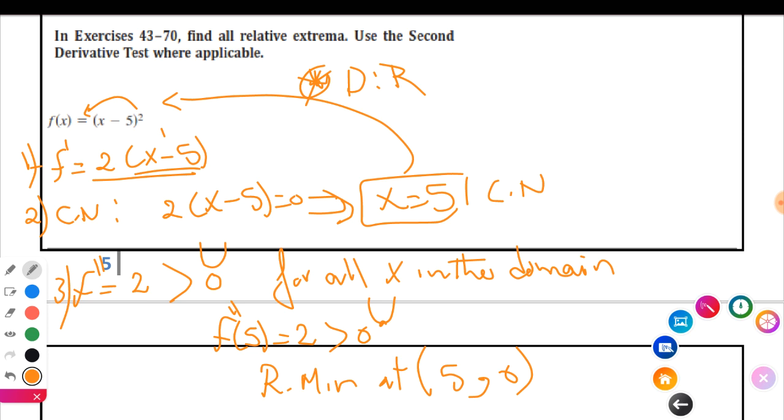It is positive for all values in the domain. So the second derivative at 5 is 2, greater than 0. The second derivative is positive, which means it is concave upward. In this case, we have a relative minimum. Take the value of x, this critical number, then replace in the original function to find its y-coordinate. I hope you understand well.